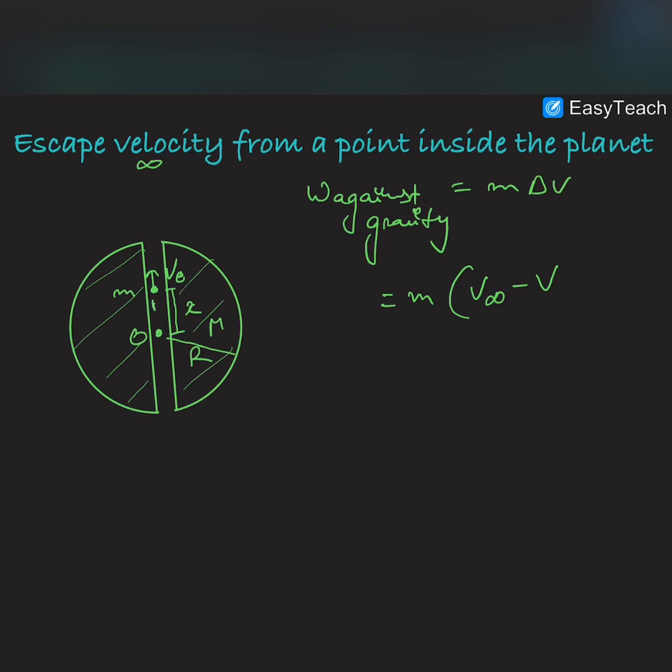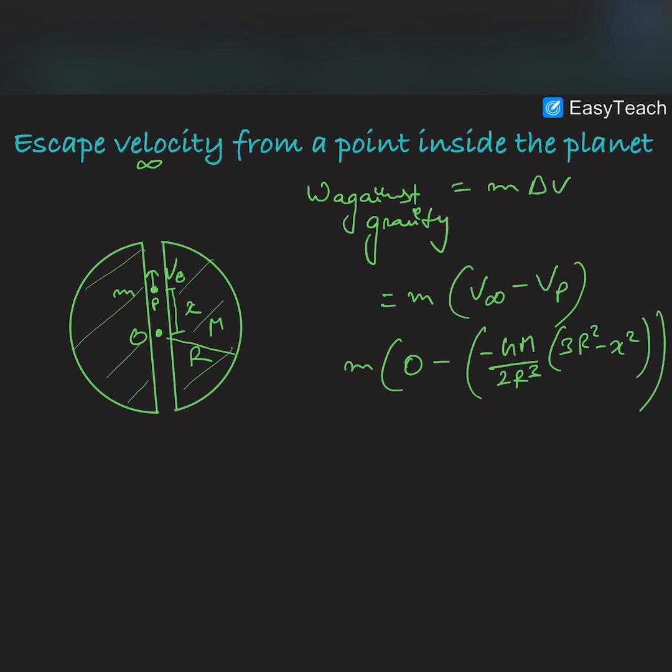Let's suppose this point is P. The potential at infinity is 0 and the potential at P is minus G M by 2 r cube into (3 r square minus x square).